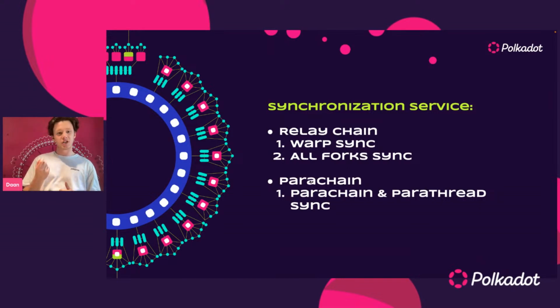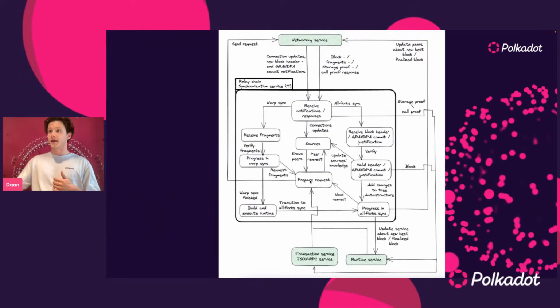These pieces of information, these proofs, are called fragments. So here we request fragments. It prepares a request. It holds a list of sources about what information each peer it is connected to has. It gets the peer, makes a request and sends it to the networking service.